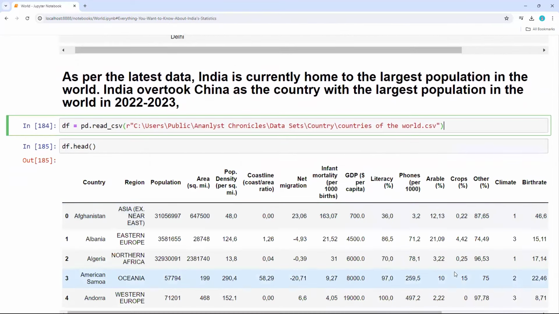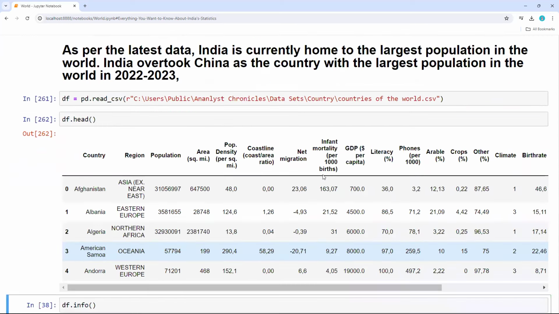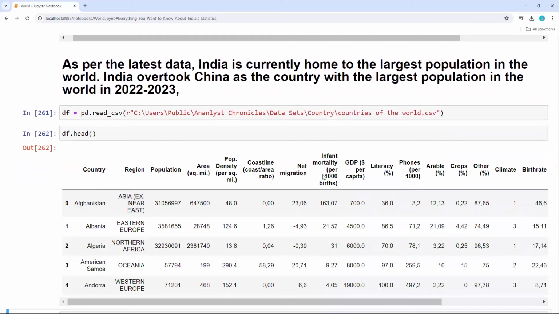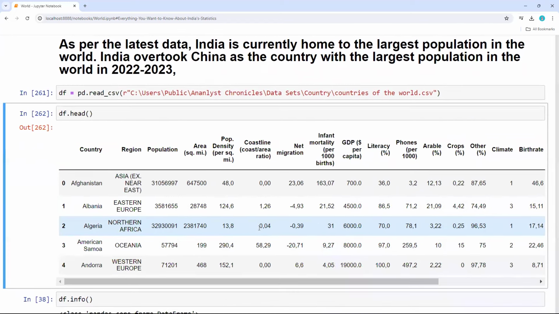So this is also a different data set on population only, but here I can see the country name, region, the population, and also the population density per square mile, and coastline.